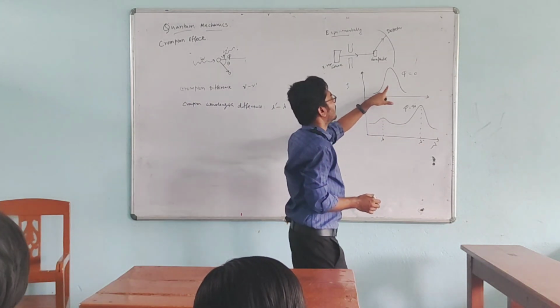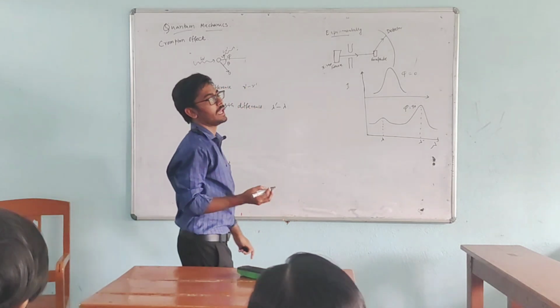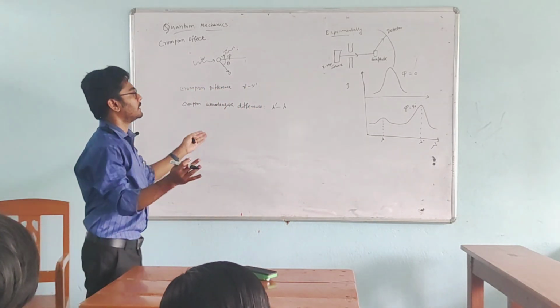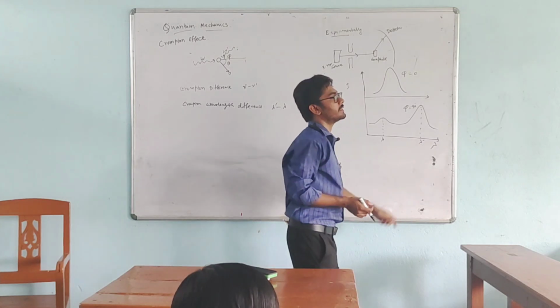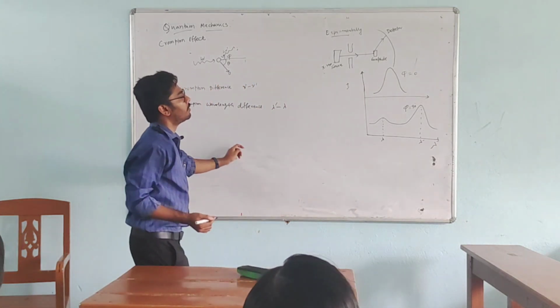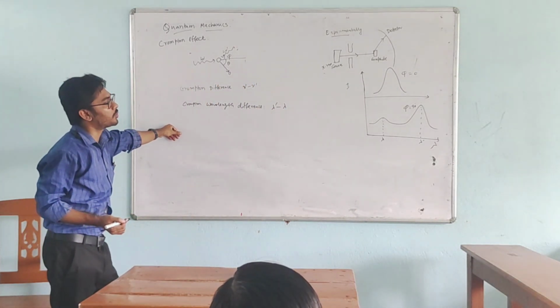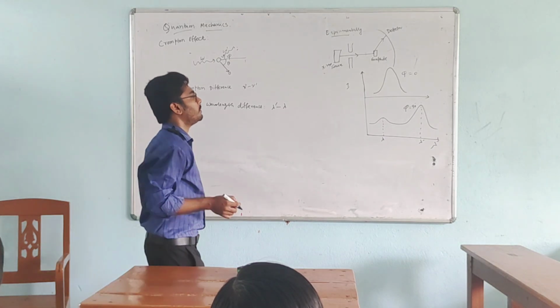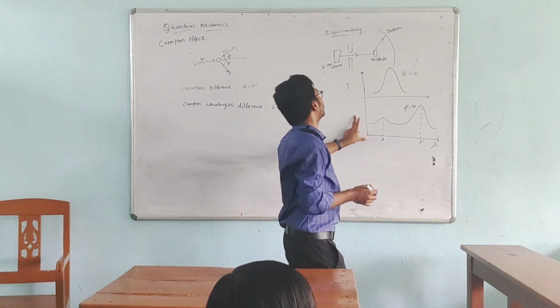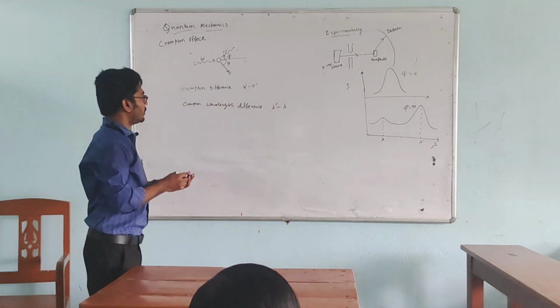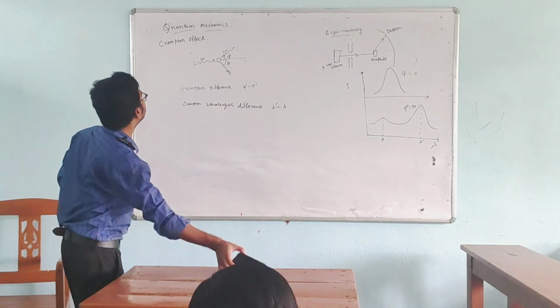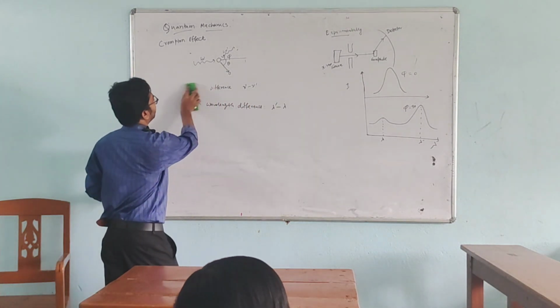But if we increase phi, we find two wavelengths, lambda and lambda dash, and this follows some pattern, and we will prove the pattern is consistent with the experiment. So let's do it one by one.